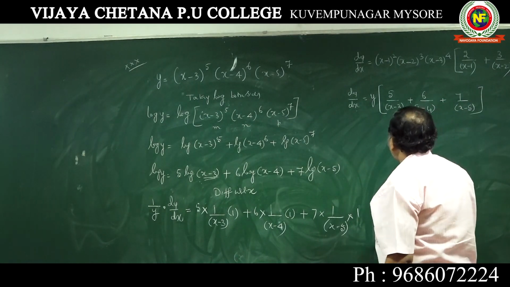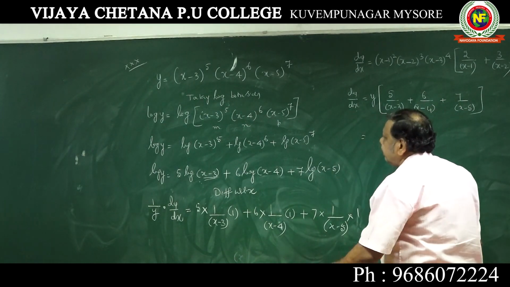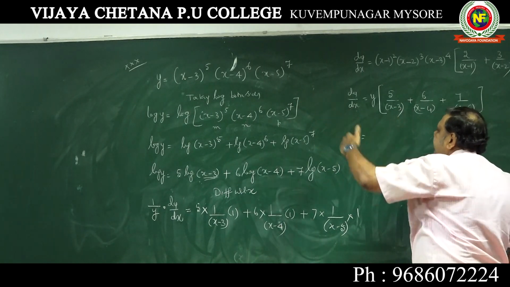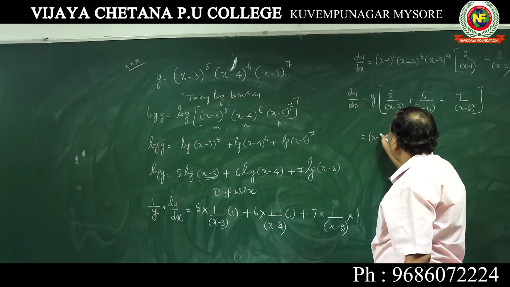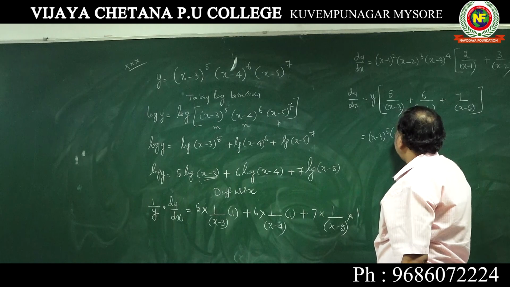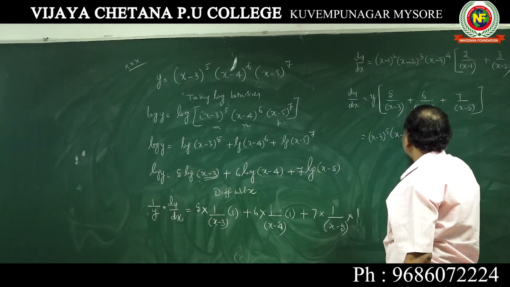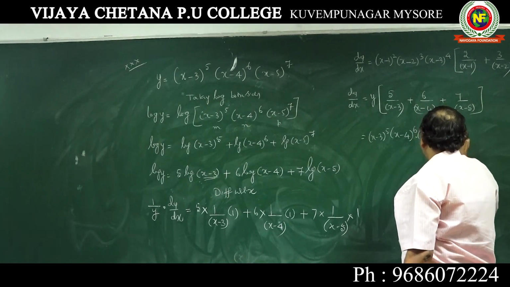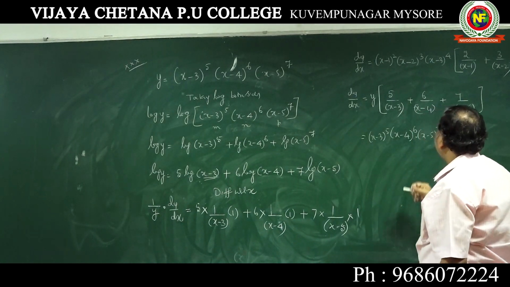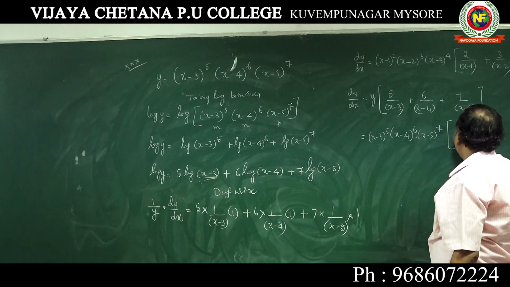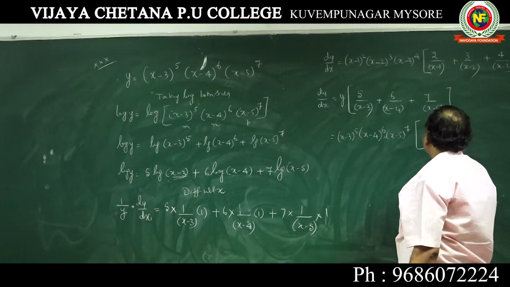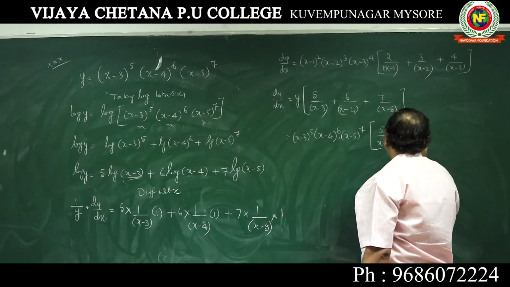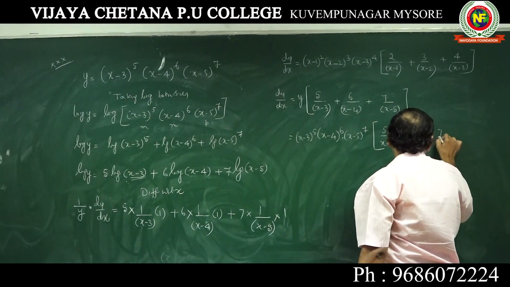Now you should substitute y; you should not keep y. It is (x minus 3) whole to the power of 5 into (x minus 4) whole to the power of 6 into (x minus 5) whole to the power of 7, into the big bracket: 5 over (x minus 3) plus 6 over (x minus 4) plus 7 over (x minus 5).